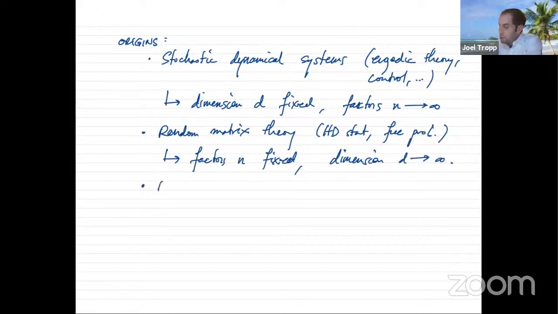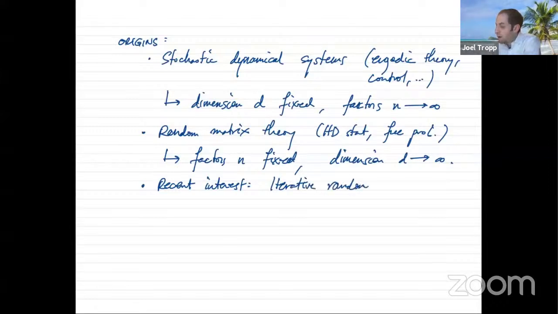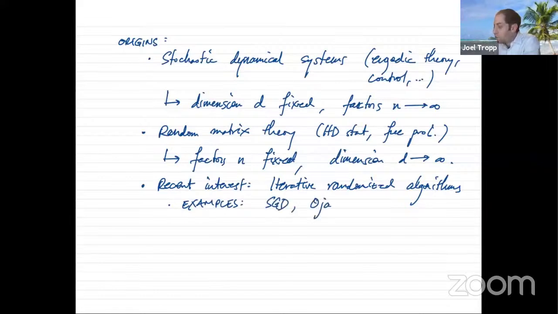Now, it's recently been of interest to study iterative, randomized algorithms for solving a variety of computational problems. And so these are things like stochastic gradient, or Oja's algorithm for streaming principal component analysis, the randomized Kaczmarz algorithm, and other things like this.